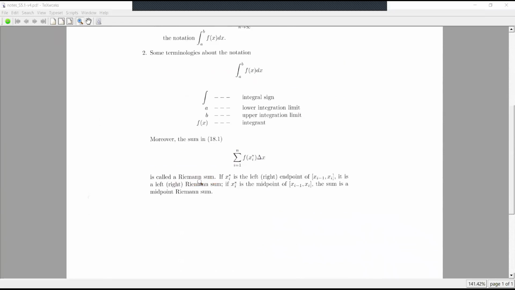Riemann is the name of a mathematician who generated these 4 steps to find the area of a region. So we name the sum after Riemann.